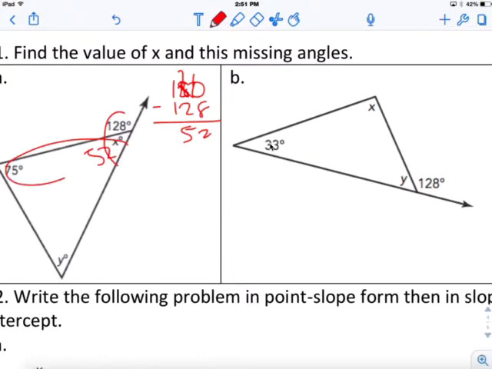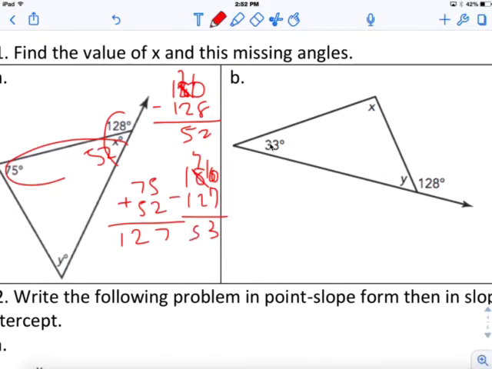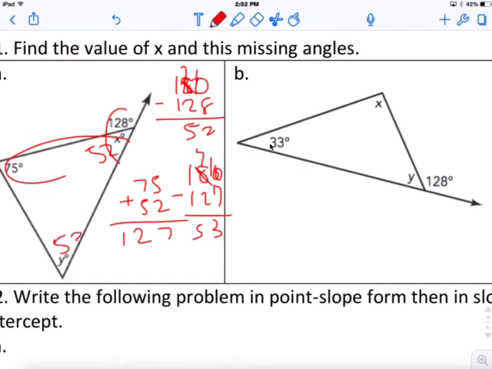Add these two, 75 plus 52, and subtract that from 180. 53 degrees. And then check by adding them all together to see if you're correct. Y is 53 degrees, X is 52 degrees.